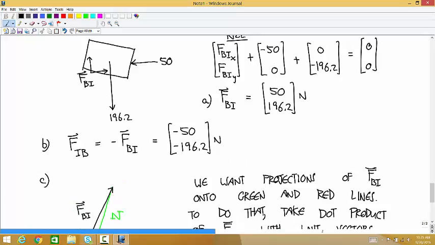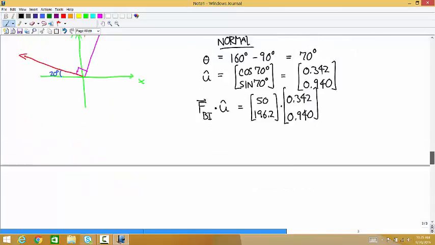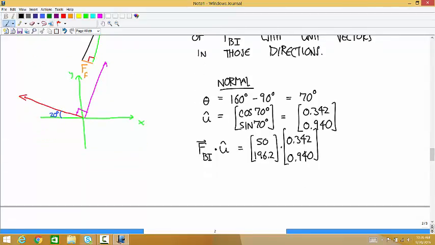So 50, 196.2 dotted with 0.342, 0.940. What do you get? 201.47 newtons. And that's the normal force.